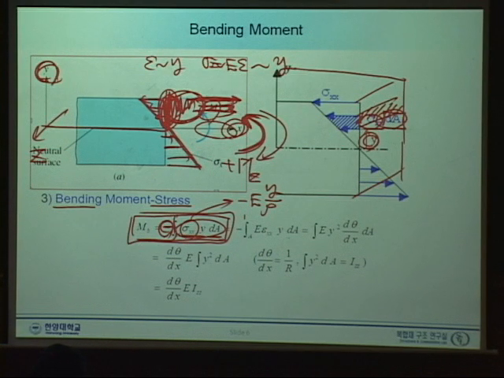Okay, so that's why we have a y here, twice of a y, and 1 over rho equals simply d theta dx, and that's why we have here an E, and there is a minus, and there is a minus, and so we will have a plus.